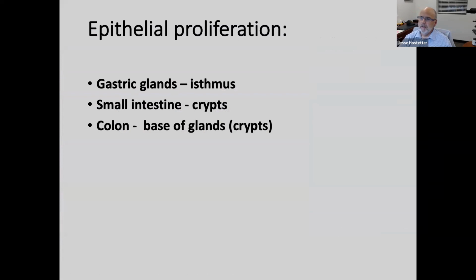All right. Let's talk a little bit about epithelial proliferation or hyperplasia. And remember that we had different areas of the proliferative compartment in the GI tract. In the stomach, it was the isthmus of the gastric gland. In the small intestine, it was the crypt, and in the colon, it was down at the base of the gland or the base of the crypts.